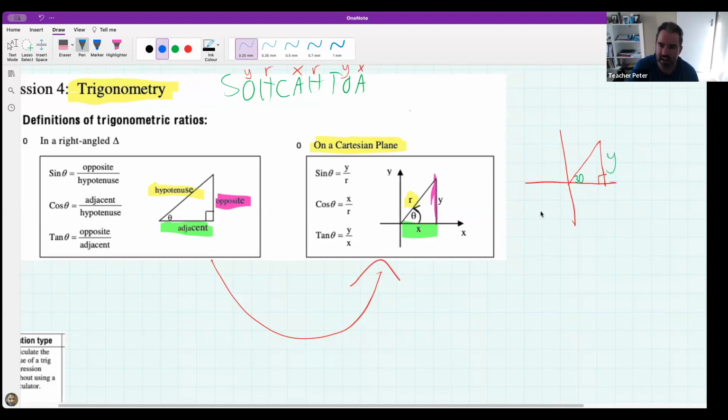This one over here is going to be x, and this one over here is going to be r. If I write the sine of 30, what I mean is, what is the ratio of y over r? Or if I was using this thing over here, it's the same as o over h. Now put in your calculators, what do you get if you type sine of 30 in? Can someone tell me what you get?